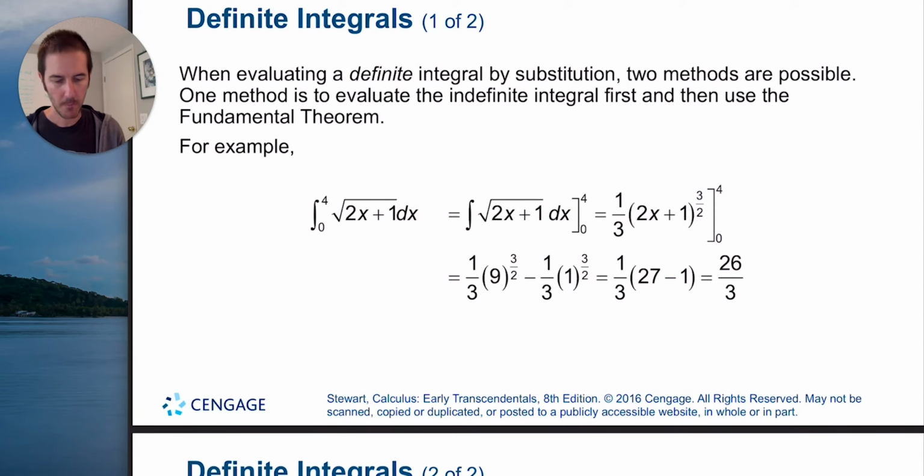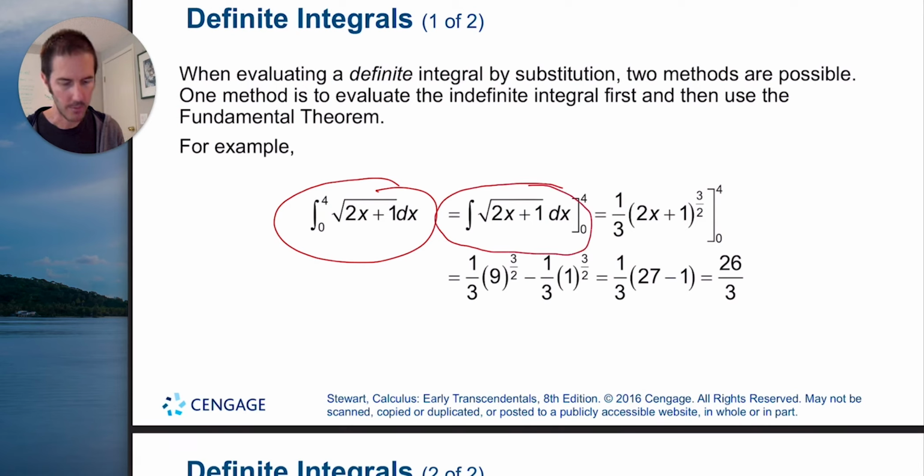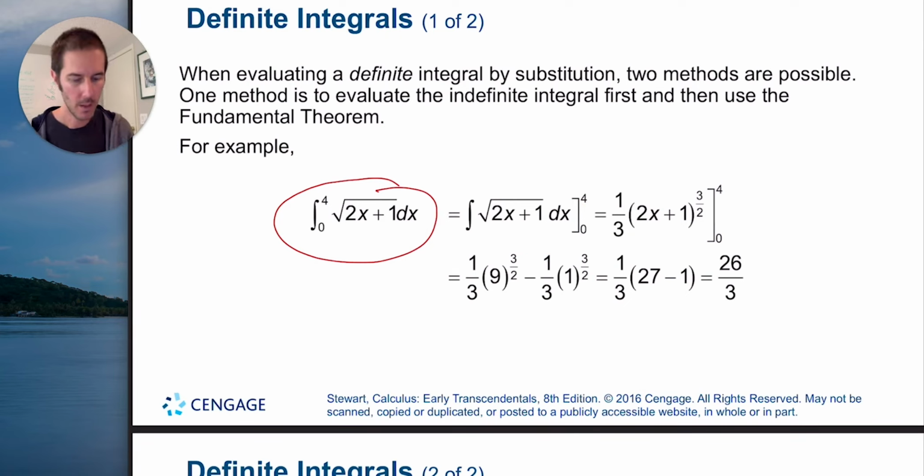One is you can take this original statement. Nothing's actually been done here except for writing the 4 and the 0 to the right of the statement. That's the evaluation that's going to happen in a moment. Then you take your integral, and find the antiderivative.